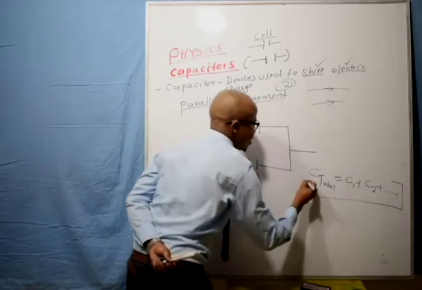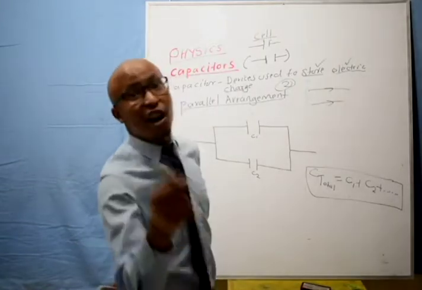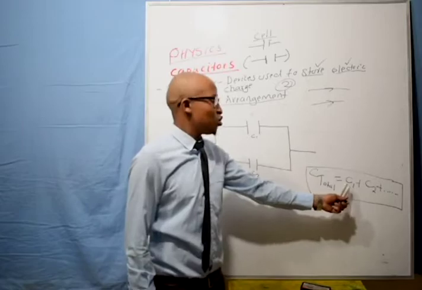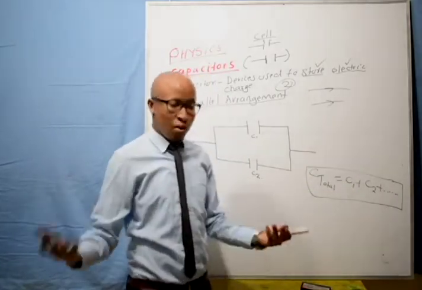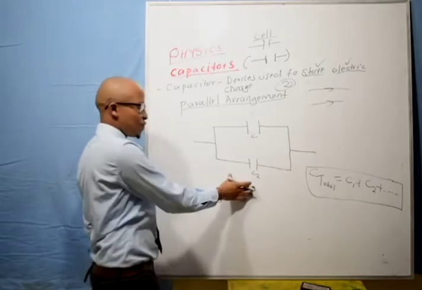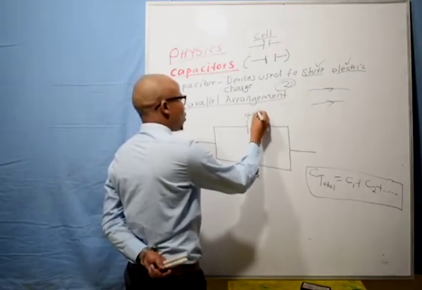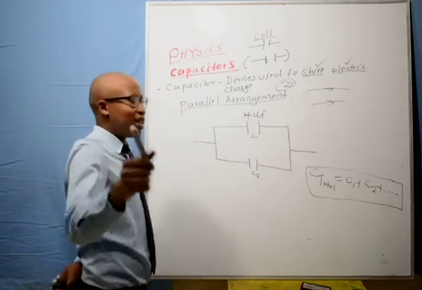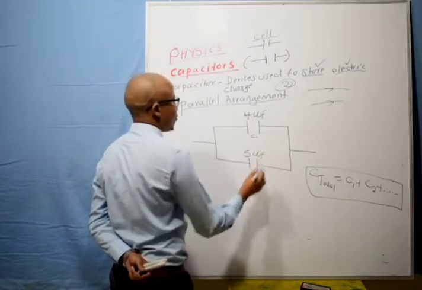This is a very crucial formula you are supposed to note in your notebook. CT, or C total, is equal to C1 plus C2, and then you can have more capacitors. For example, you have C1 given as 4 microfarads, and the next one is 5 microfarads.